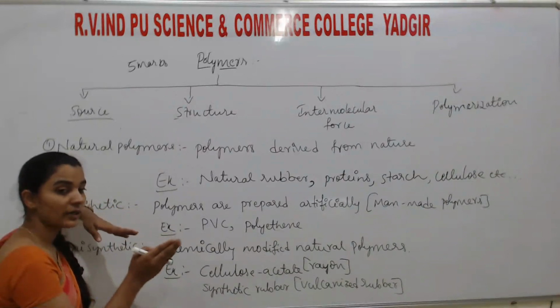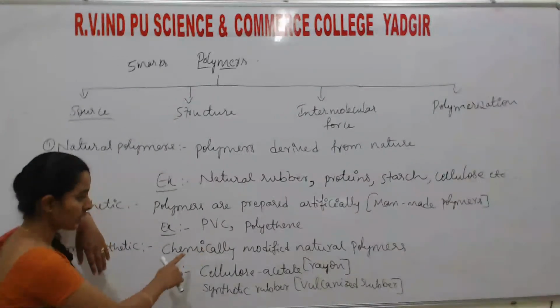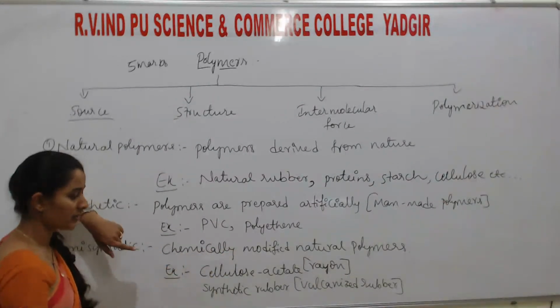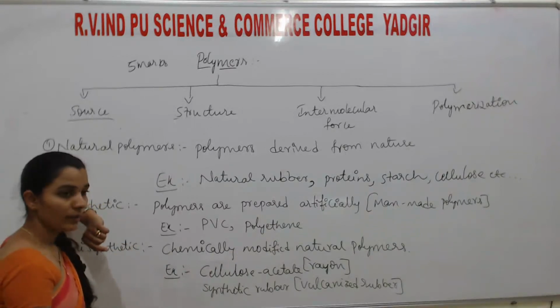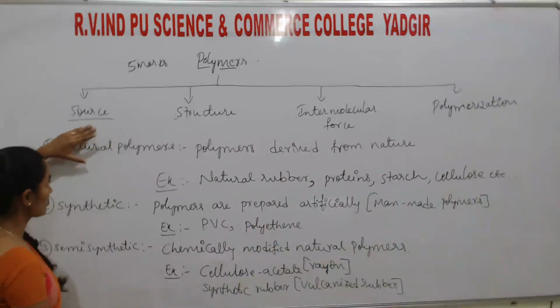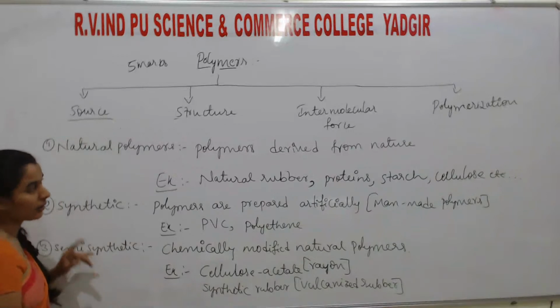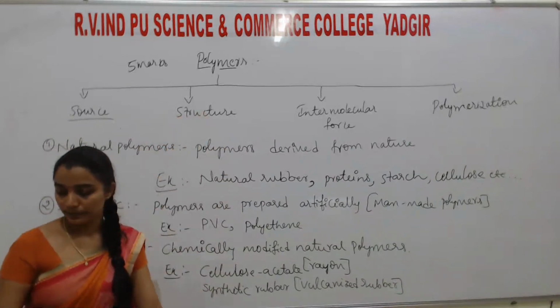The glucose is converted into acetate. So cellulose acetate, a chemically modified natural polymer, is called a semi-synthetic polymer. This is based on source: natural, synthetic, semi-synthetic. Next we will discuss based on structure.